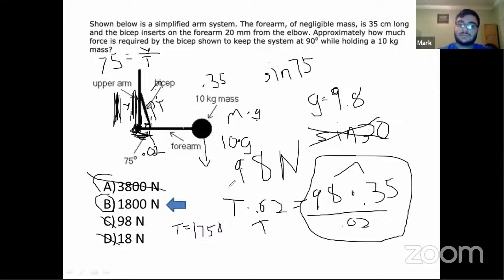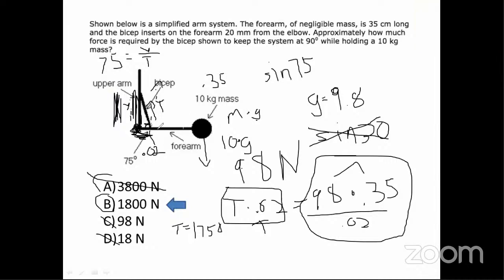And this T times 0.2 is the torque of the bicep, right? We set them equal to each other. If we want to isolate the tension, we divide both sides by 0.2, okay? So we do this force times the distance to get the torque, and then we divide that by the distance of this to isolate this force.